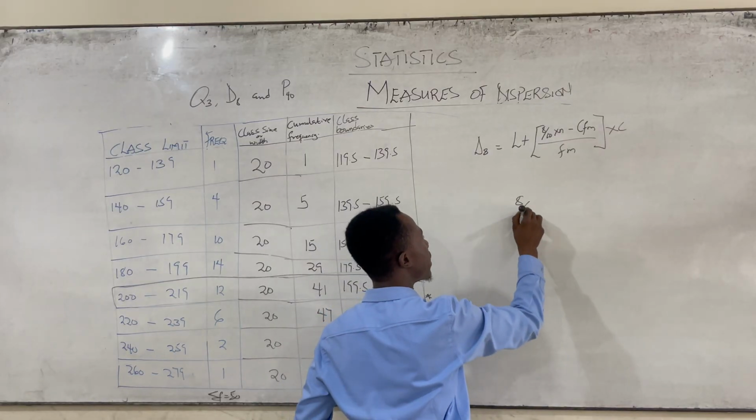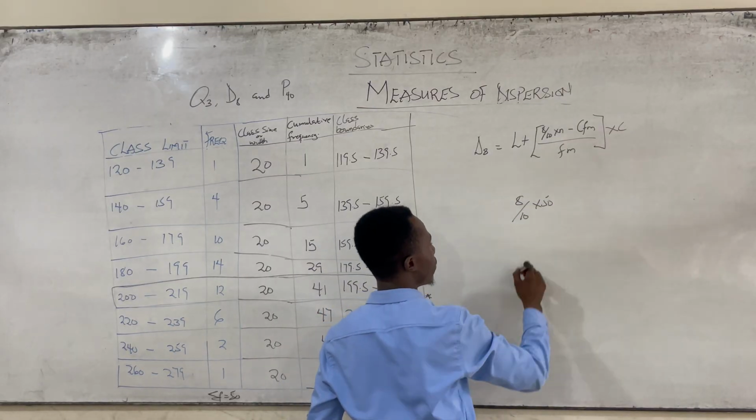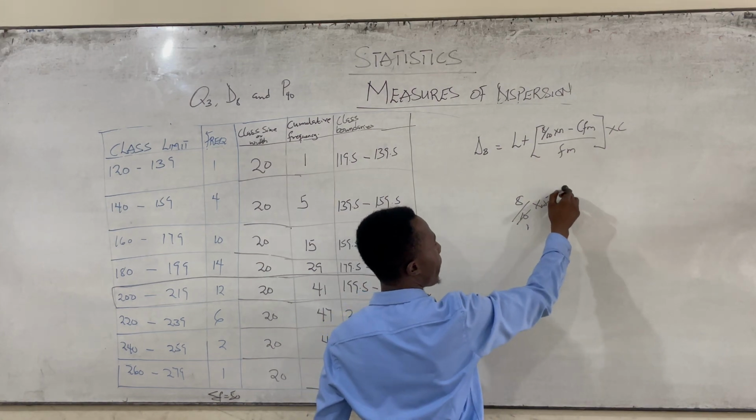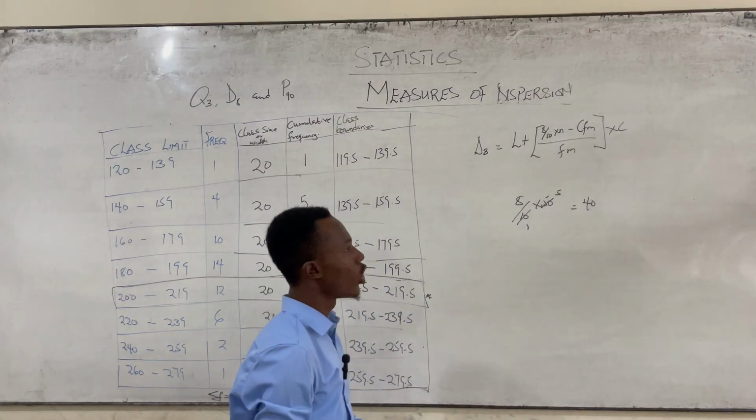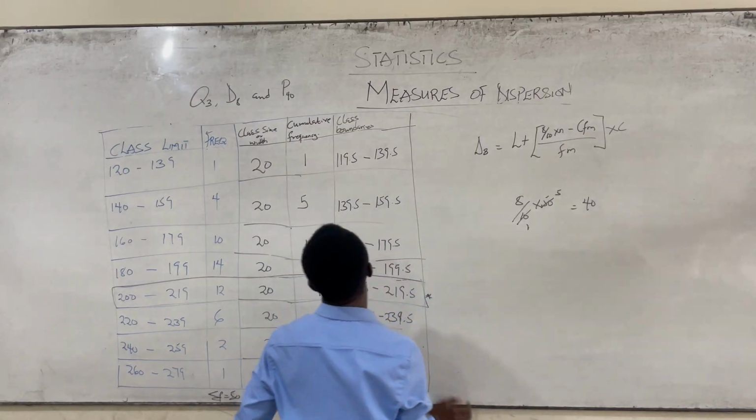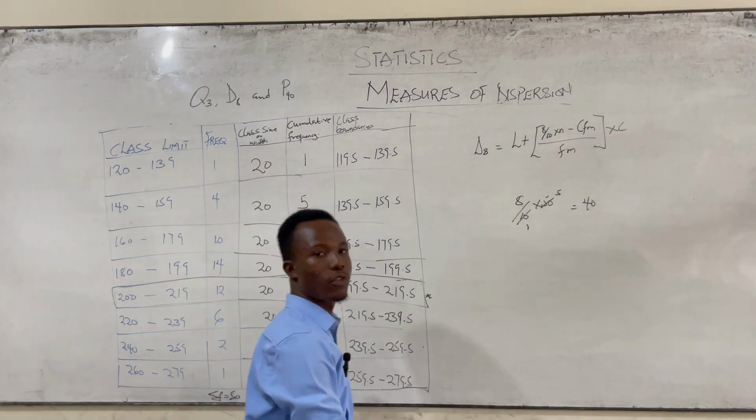So 8 over 10 times 50. This one is 5. So 8 times 5 is what? 40.